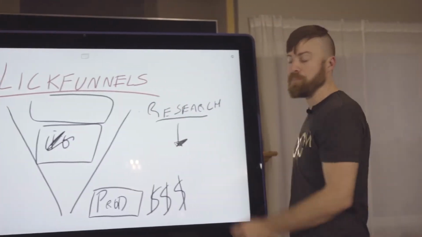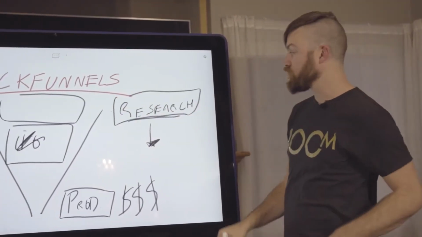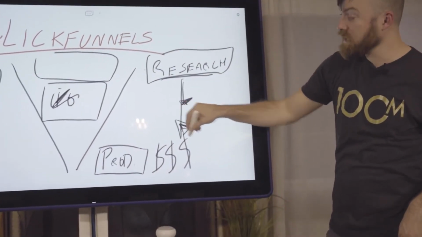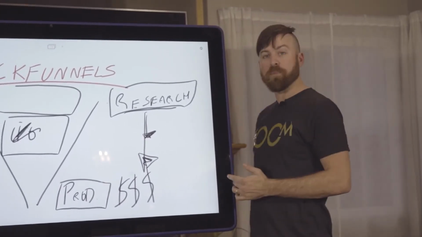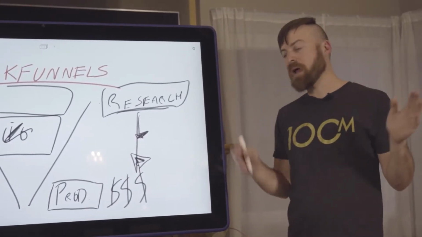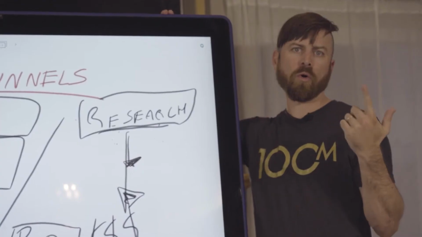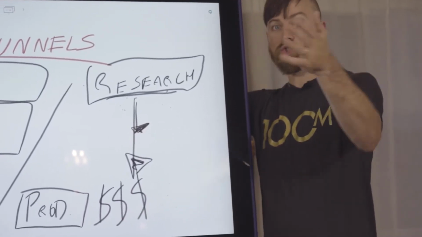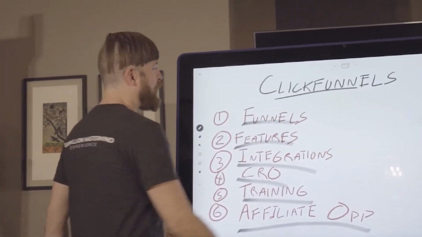To get people from the research phase of looking for products or services all the way down to the purchase phase, it takes a couple different steps. And usually with those steps, you can create a website funnel. Take people who are at the basic point of doing research to getting the actual money, which is where you as an internet marketer make money. That's what funnels are.